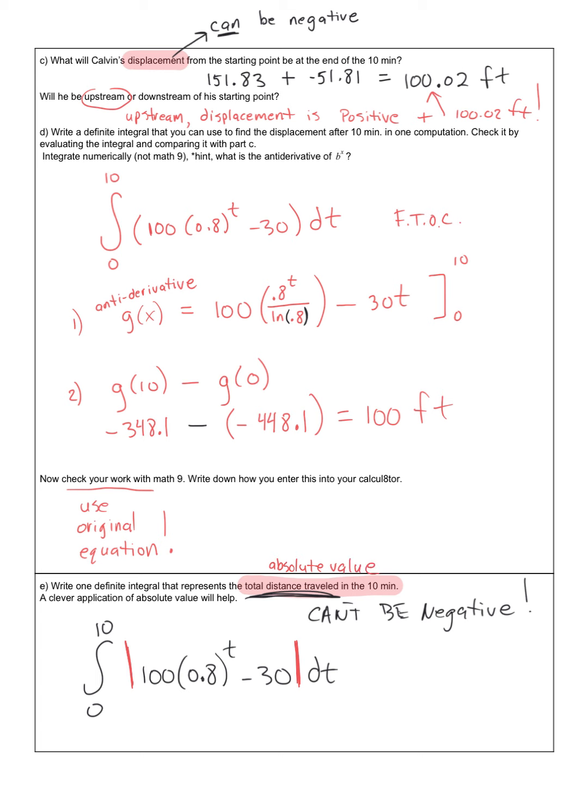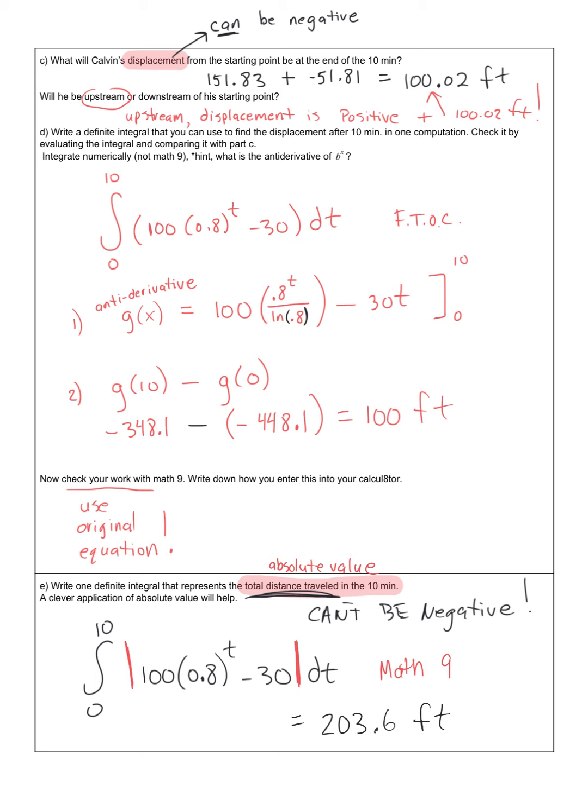Now you absolutely can use Math 9 for this. When I do Math 9, I am getting 203.6 feet, which is exactly what we got when we broke it down into 2 separate intervals.